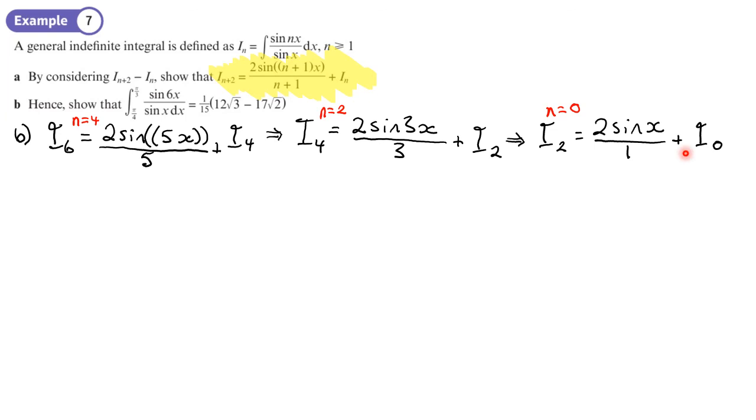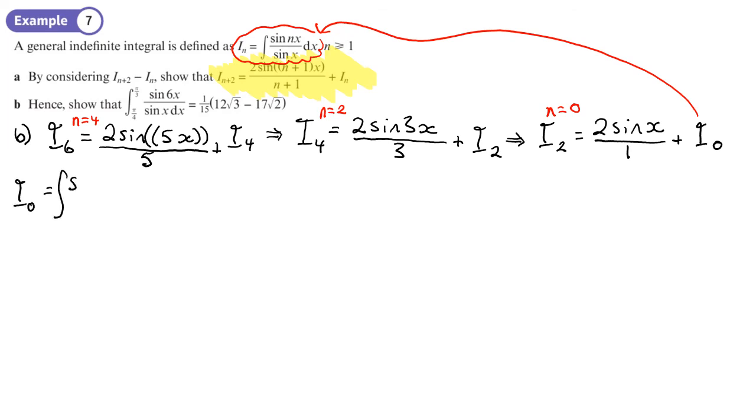Now, to find I0, we're not going to use the recurrence relation again because you'd have to make n negative 2. So we use this here to find I sub 0. So I sub 0, we can work this out directly, would be the integral of sine 0x over sine x.